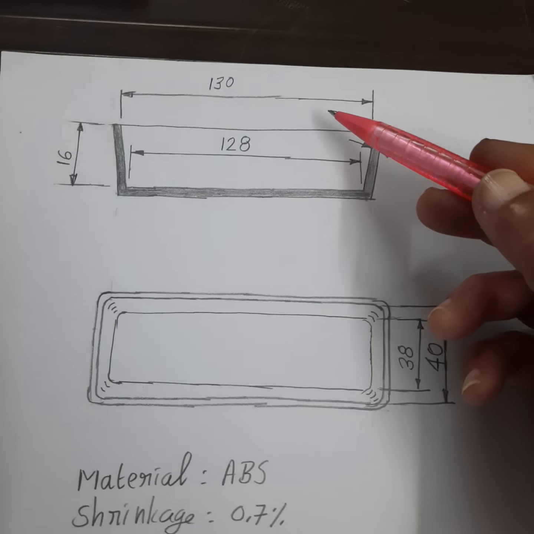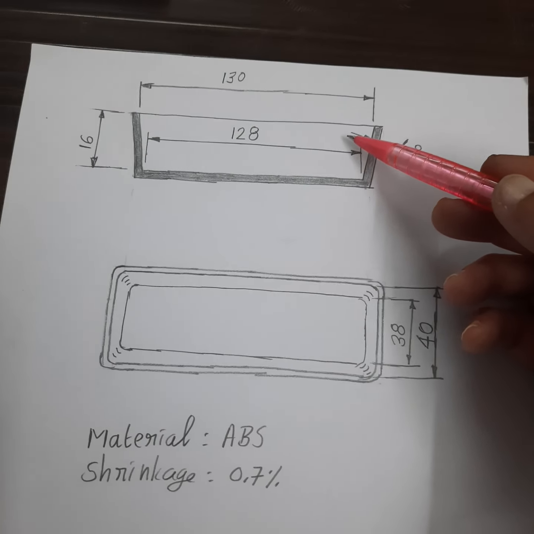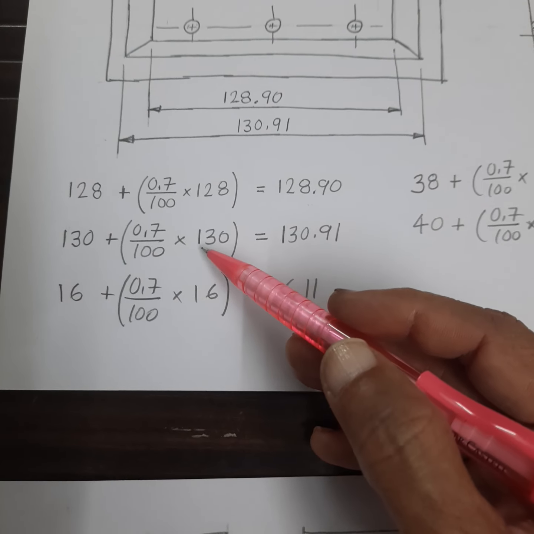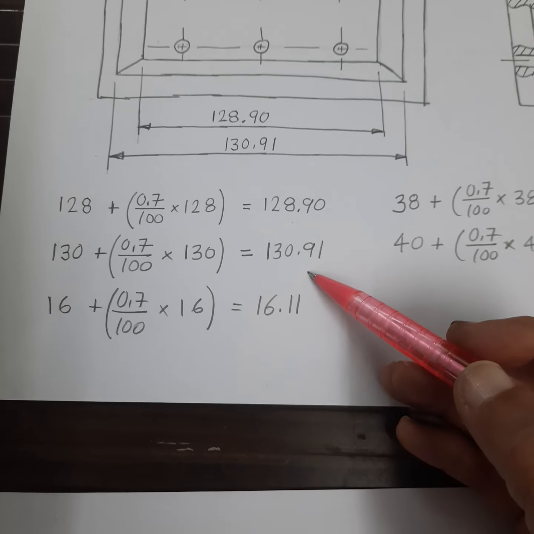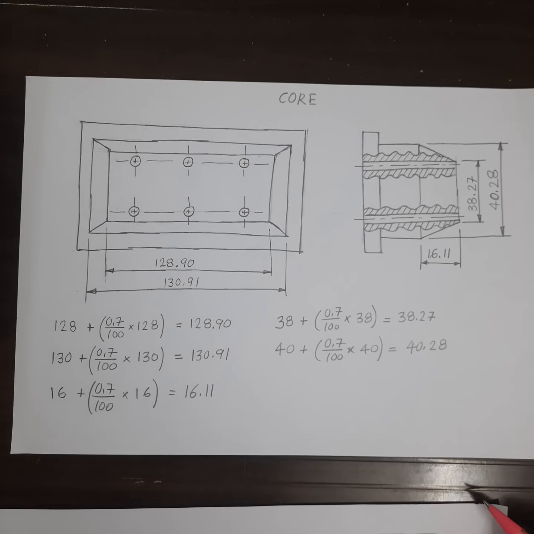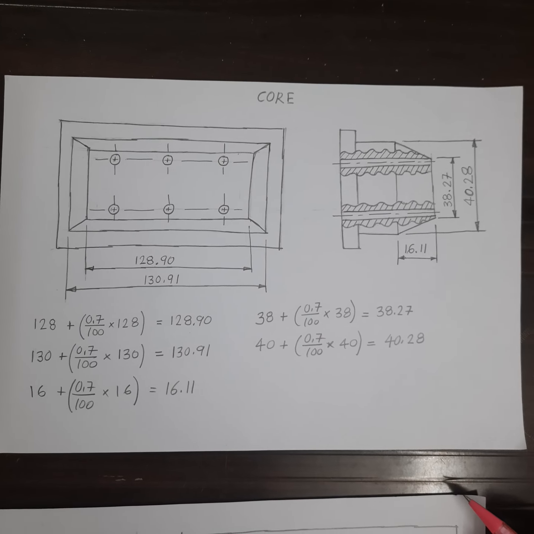This is the component dimension. So the core dimension has to be arrived at after accounting for a shrinkage allowance. So 130 plus 0.7 percent of 130, this is 130.91. Similarly, all the other dimensions are arrived at by accounting for a shrinkage allowance of 0.7 percent for this example.